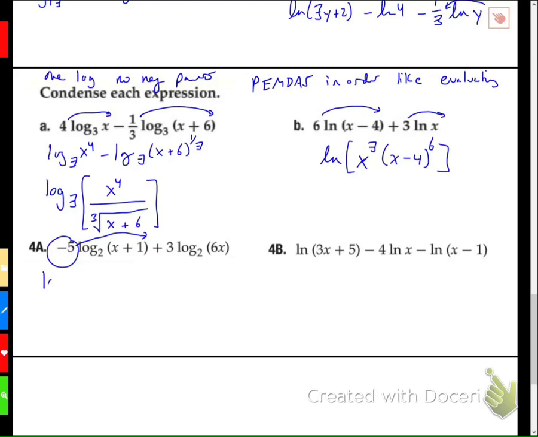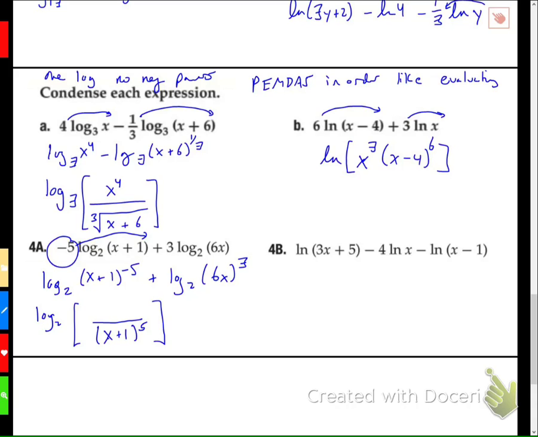All right, so I have log base 2 of x plus 1 to the negative 5 plus log base 2 of 6x, and that is to the 3. Okay, so then the trick here is that we do a single log base 2. And that x to the negative 5 is really x to the 5th in the denominator. So x plus 1 to the negative 5 is x plus 1 to the 5th in the denominator.